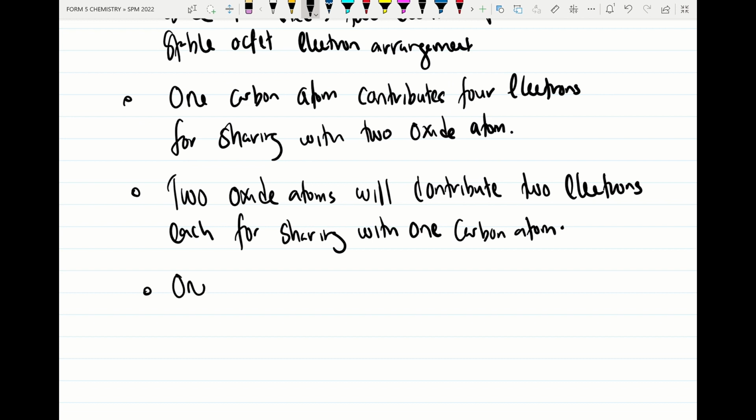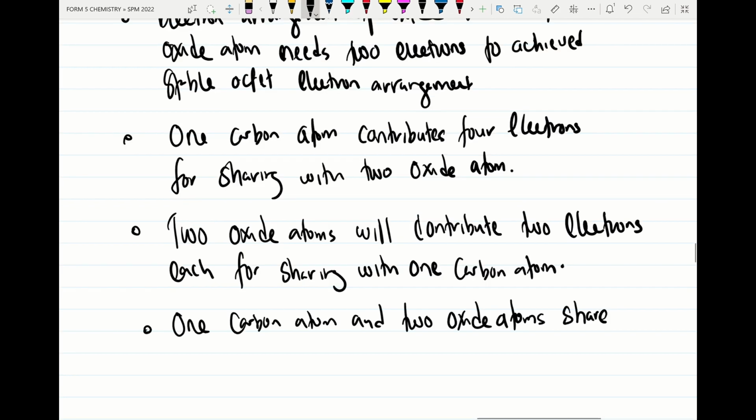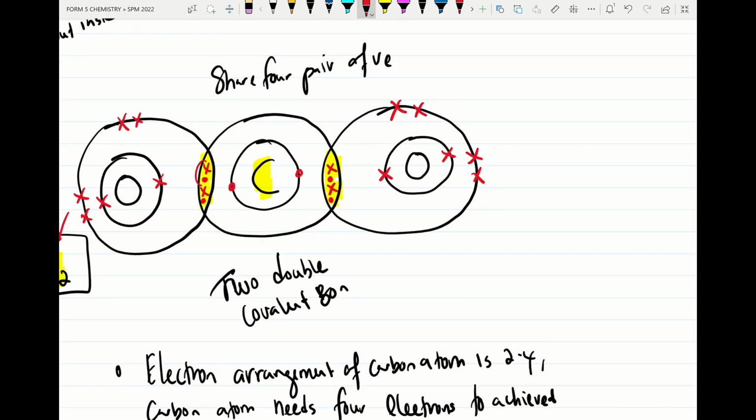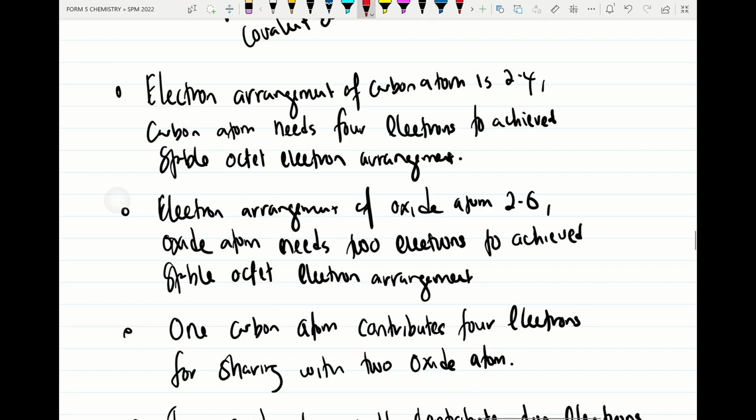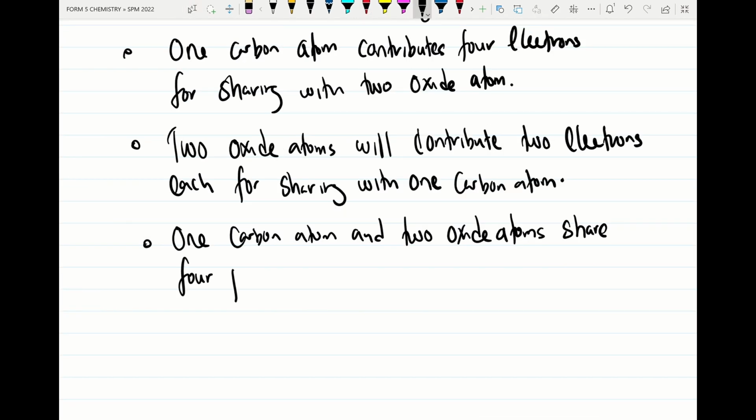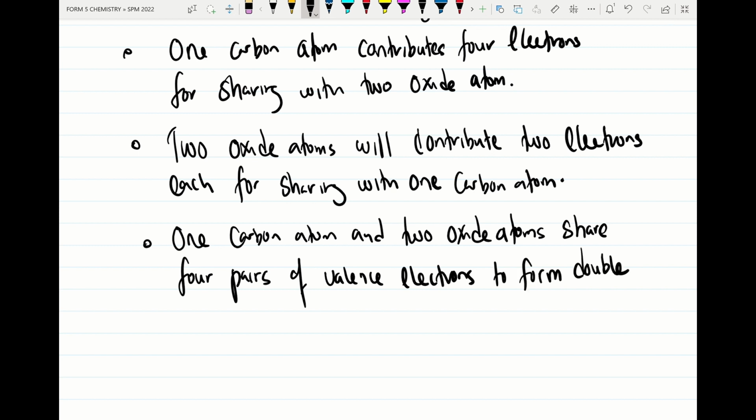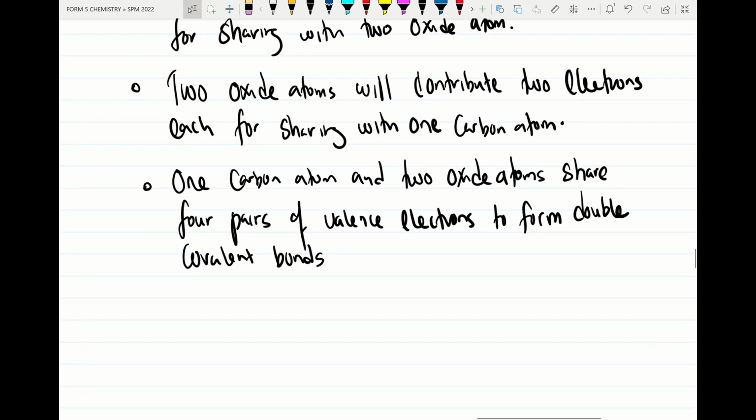All right, so next point, we put here one carbon atom and two oxide atoms, they will share how many pairs of valence electrons? Please check here, one pair, two pairs, three pairs, four pairs of valence electrons. They will share four pairs of valence electrons to form double covalent bonds, or we can put two double covalent bonds.